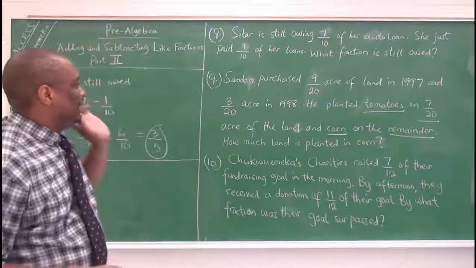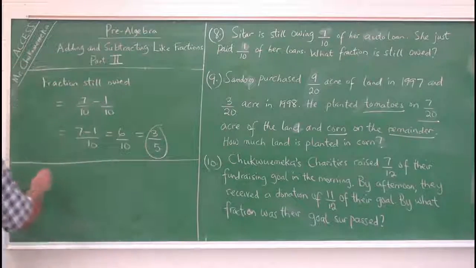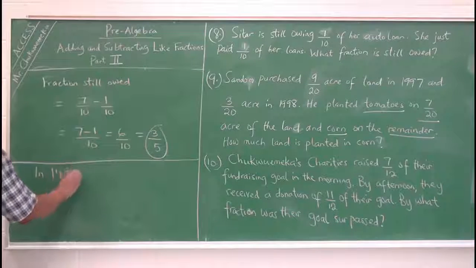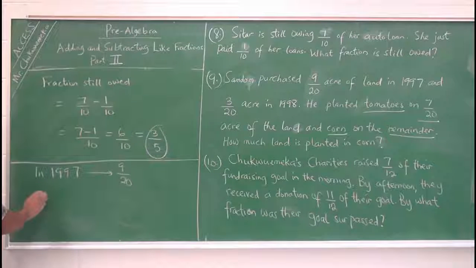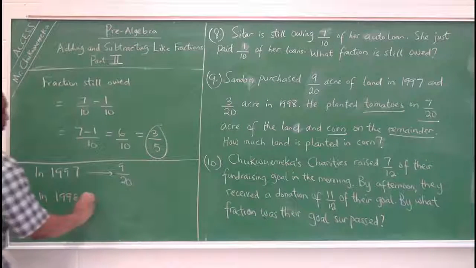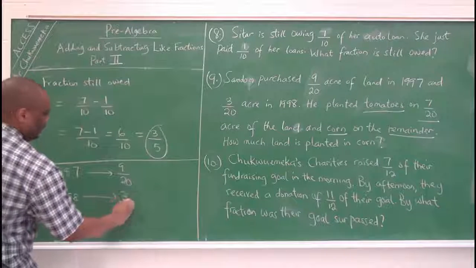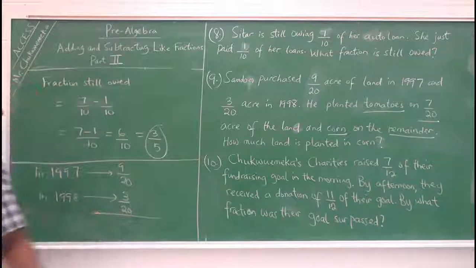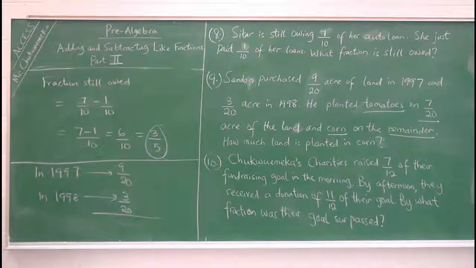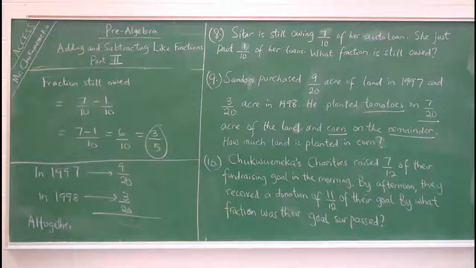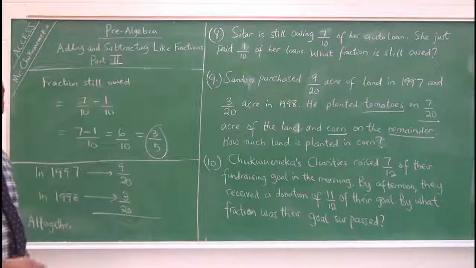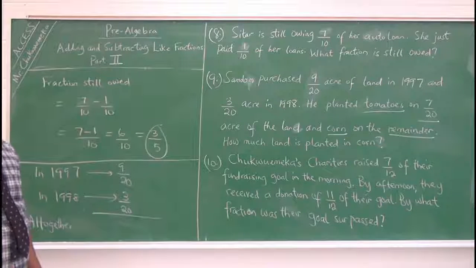In 1997, he purchased 9 over 20 acres. In 1998, he purchased 3 over 20 acres. So altogether, how many acres did he purchase in both 1997 and 1998? That means we have to add. They have the same denominator, so they are like fractions.